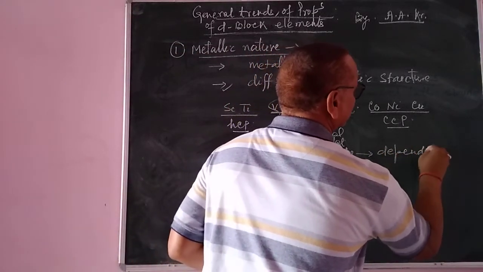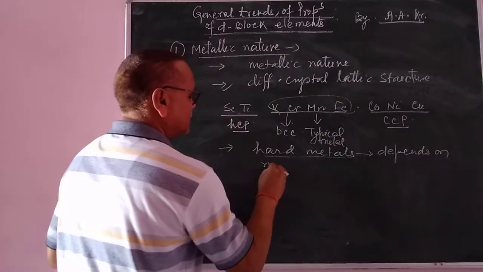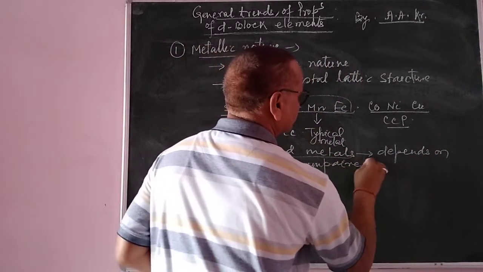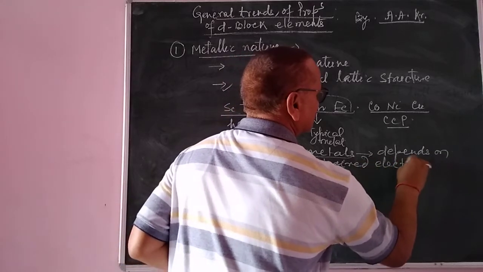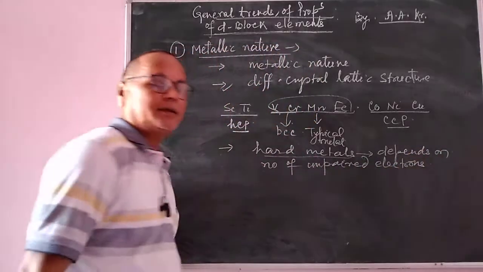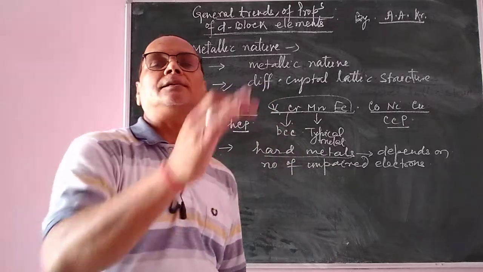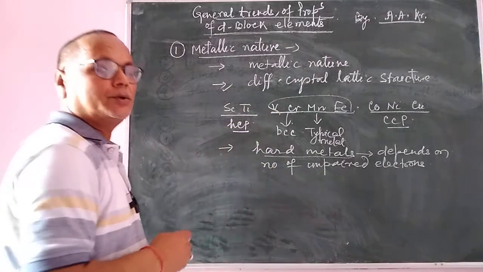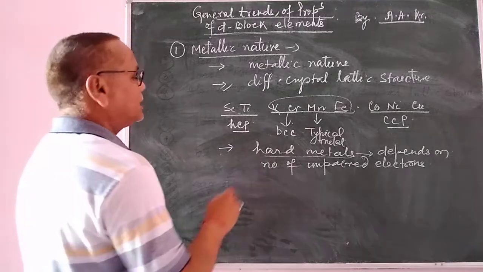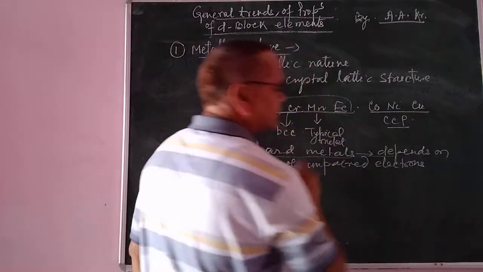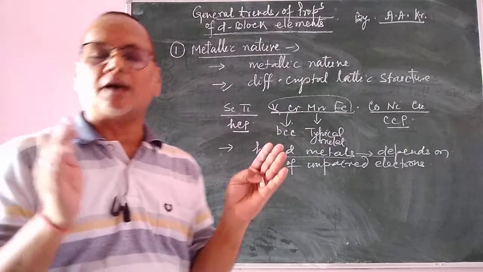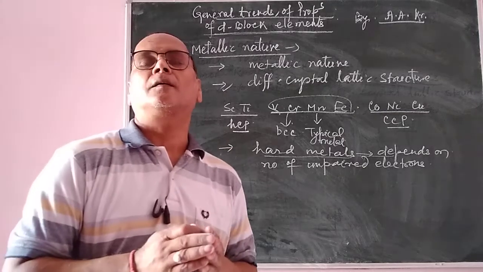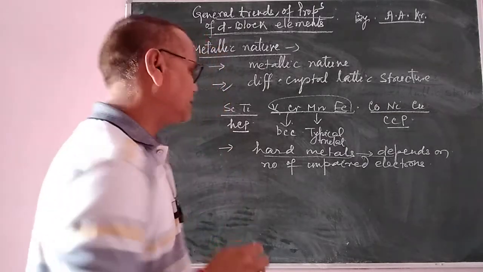Thus, when we move in a series, the number of unpaired electrons increases. If the number of unpaired electrons increases, they will possess a large number of bonds. If the bonds increase, then the hardness will increase.